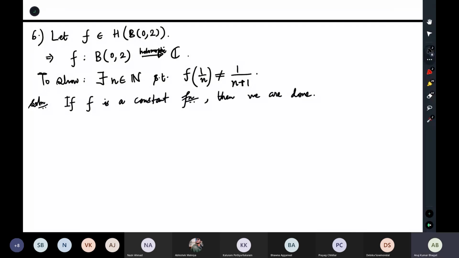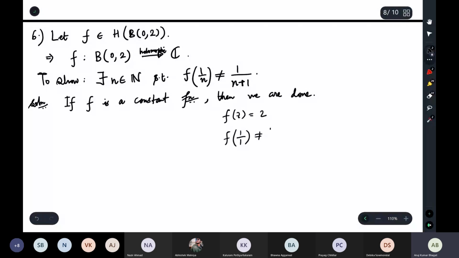Suppose f takes the value 2 every time. Then f(1/1) is not equal to 1/2, so we are done. So if f is a constant function, there is nothing to prove. So we'll assume that f is non-constant.